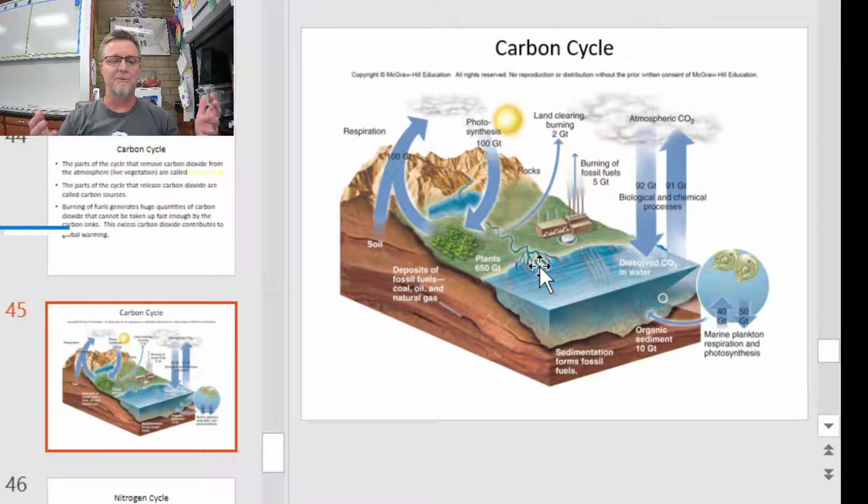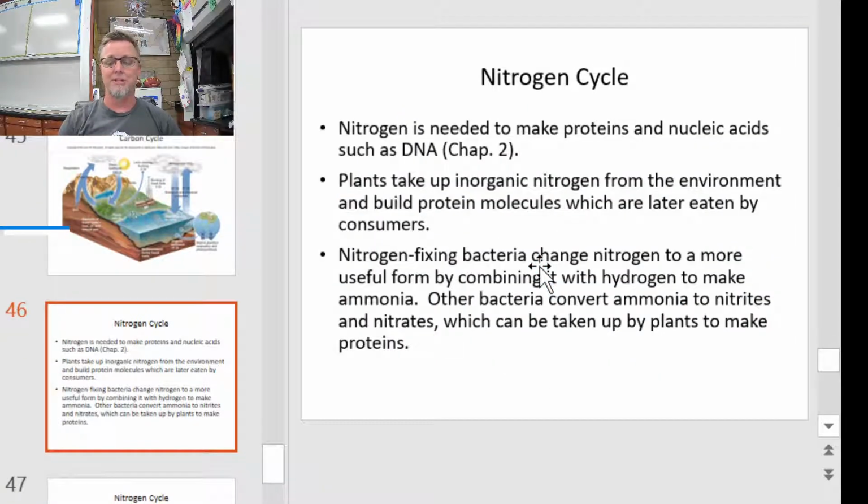Burning of fossil fuels, any kind of combustion, respiration in and of itself from all life puts CO2 back up in the atmosphere. The ocean can also absorb some of that CO2 because CO2 does like water. That sounds like a good thing, but unfortunately that's also acidifying our ocean. So there's a trade-off, give and take.